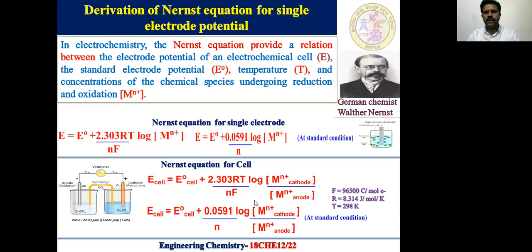At standard conditions, if we substitute these constant values, then the Nernst equation for the cell becomes E cell is equal to E naught cell plus 0.0591 divided by n log of the concentration of the solution at cathode divided by the concentration of the solution at anode.